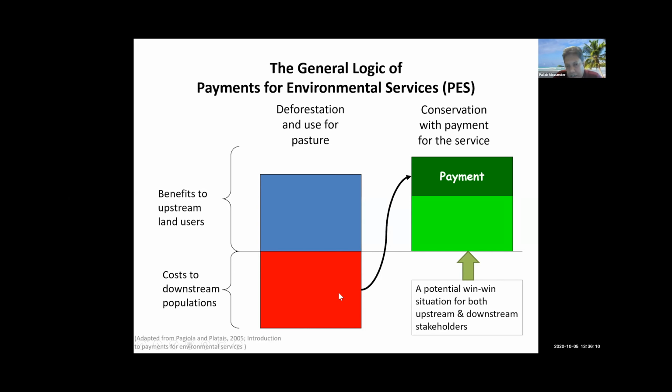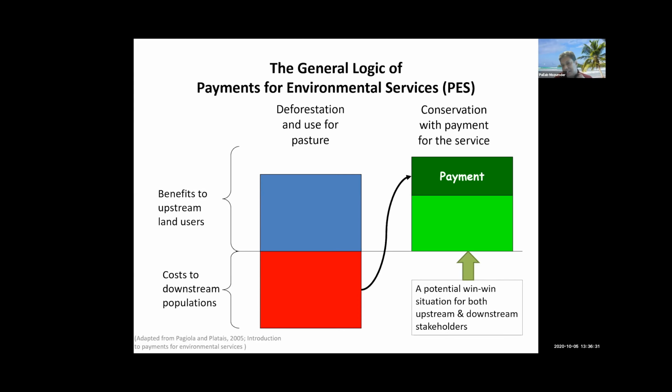So if you see the red blocks and these green blocks, if you can convince upstream people, hey, you do certain things and we'll pay you this much, which is less than the negative outcome that happens downstream, they probably will be open to some win-win combination of this mechanism.